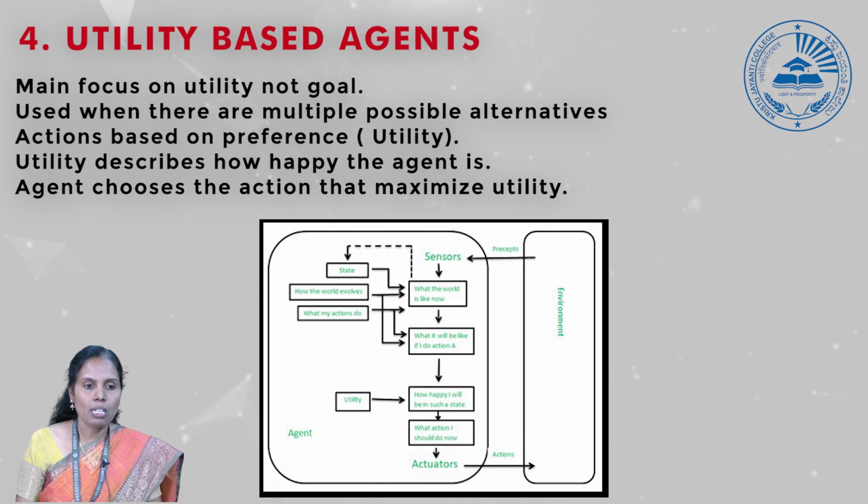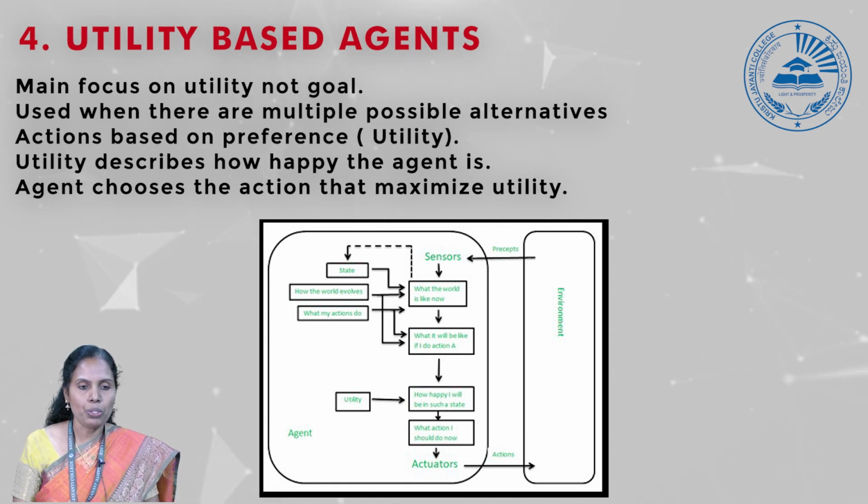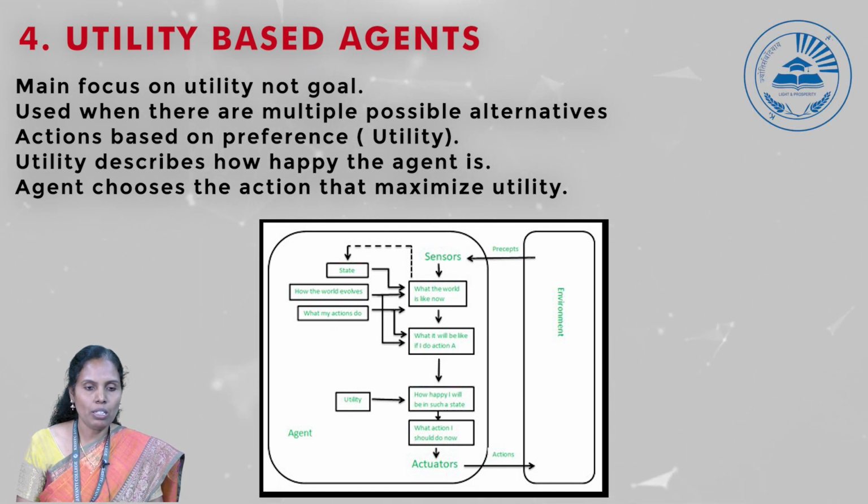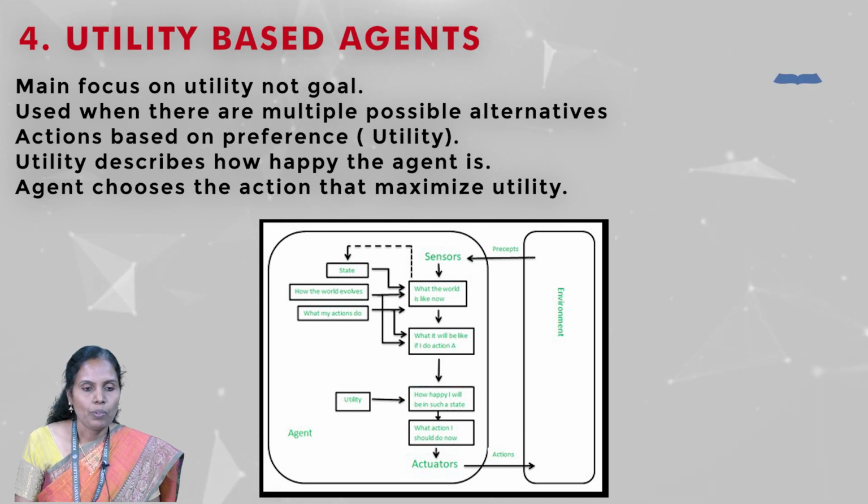Many paths are available to reach from one source to another destination, but which one reaches with the shortest distance and no obstacles? Then we can choose that particular path.